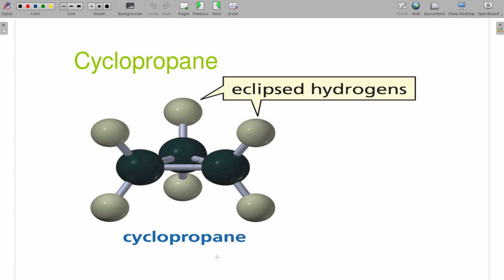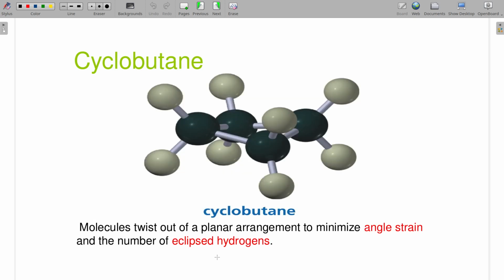It's going to react chemically very quickly to open up that ring or relieve that ring strain. Something similar happens to cyclobutane. But can you see on this picture how it kind of looks like maybe these two carbons are higher on that plane than these two? Well, what's happened is we've actually ever so slightly twisted the ring to get the hydrogens ever so slightly further away from each other.